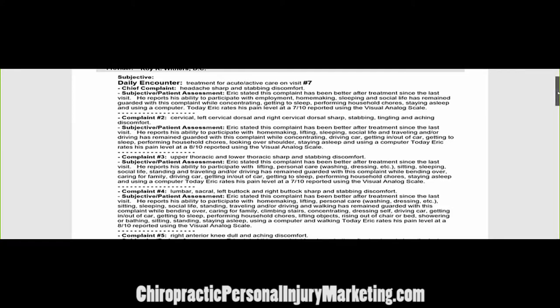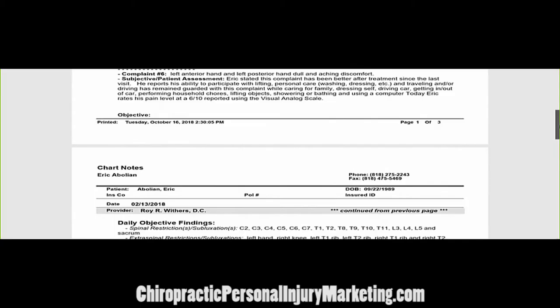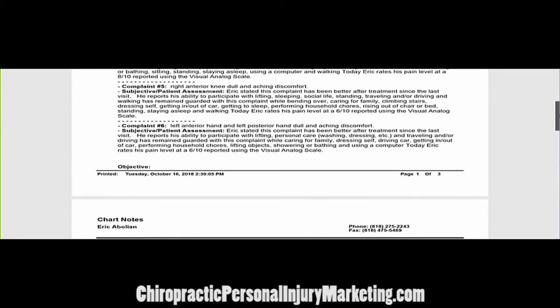And you see here he's got the subjective patient assessment complaint. So he's got the complaints itemized out, which is good. Complaint 2, complaint 3, complaint 4, complaint 5, complaint 6. So it looks like there were 6 complaints, which is good. So you do have to do them individually with each complaint. Remember that.